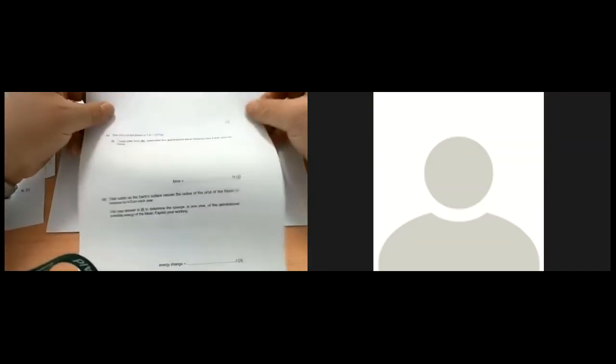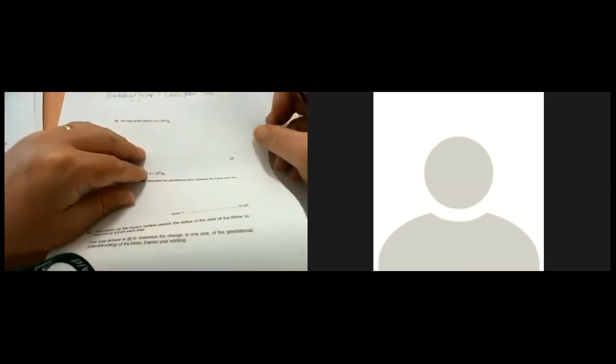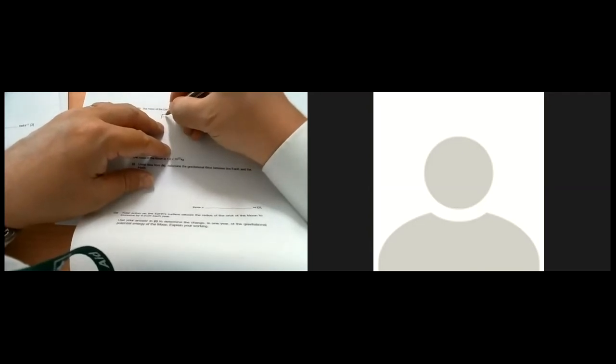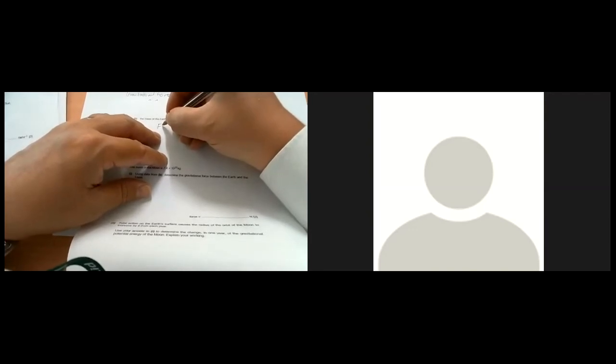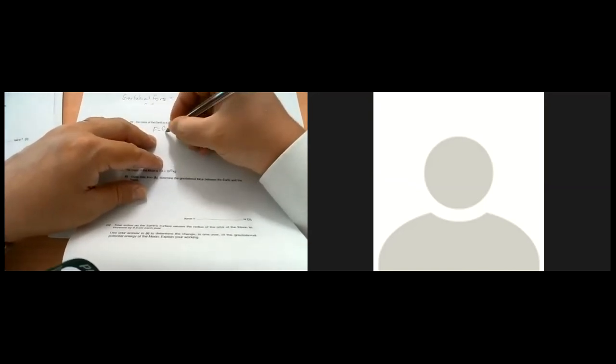The next part is the mass of the Earth. So we're given the mass of the Earth this time, but we've got to try and work it out, and we should get something similar. Can we work it out this way? Mass of the Earth, mass of the Moon, divided by r squared.